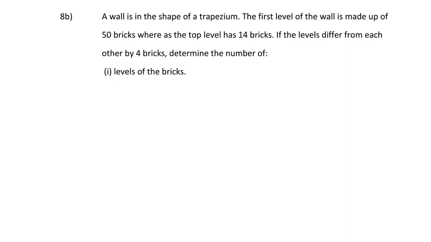So we are going to interpret this as the first level is the first term noted as A1 and the top level is the last term noted as An. And the levels of the bricks is the number of terms noted as n. And we have been given the common difference between the levels as 4 bricks.